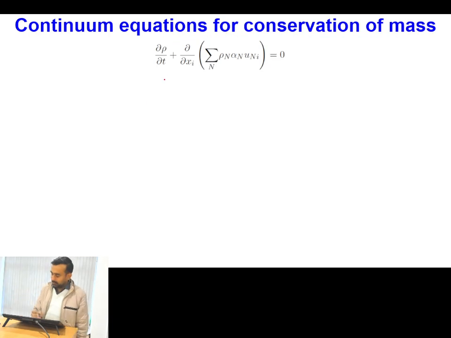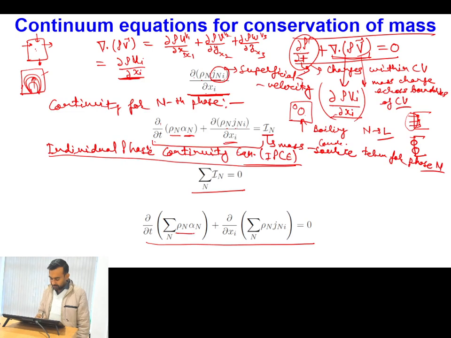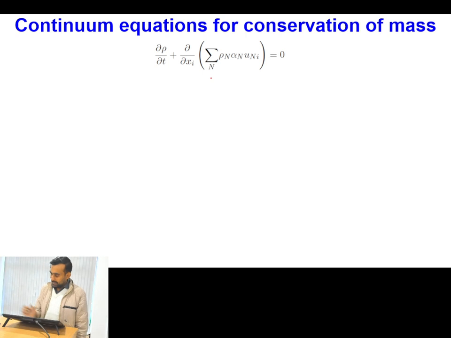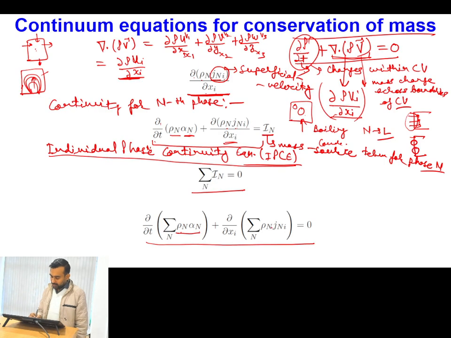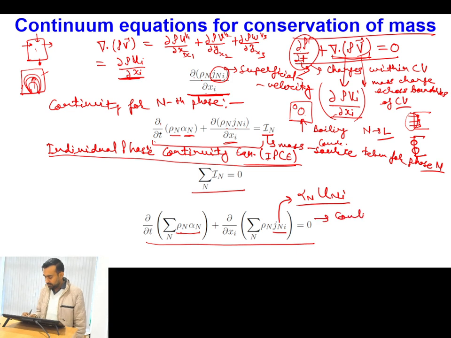On the left hand side, the first term can be written in terms of rho n into alpha n, which will become rho, and on the right hand side, j n i can be replaced with alpha n into u n i. Is this point clear? So this is my combined phase continuity equation.